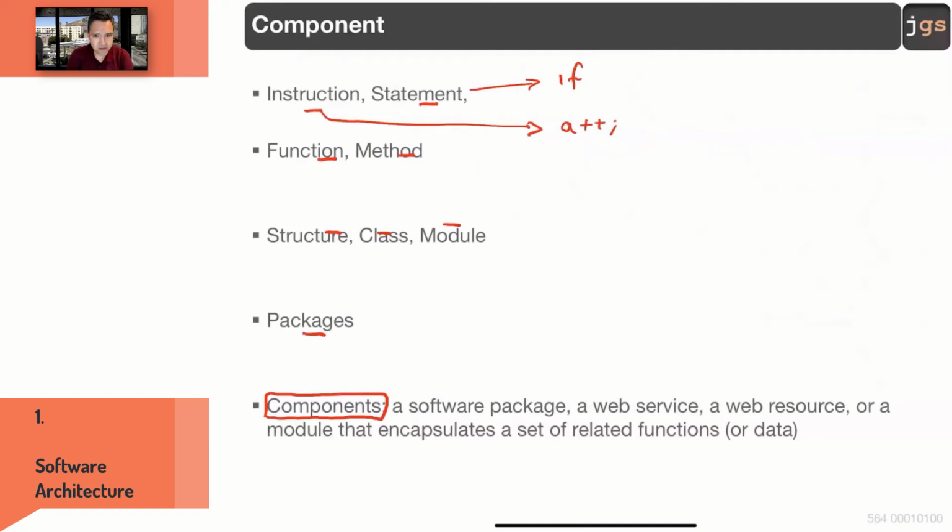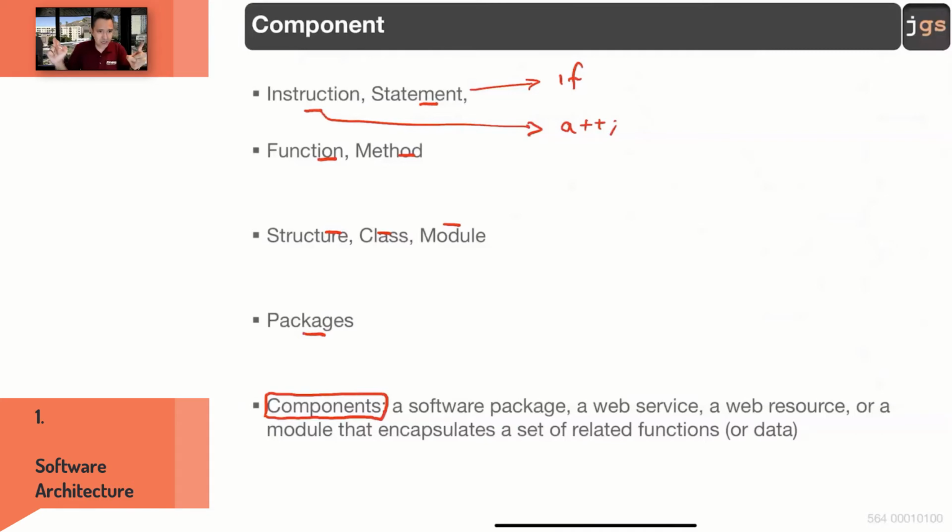What is the main difference between a statement and an instruction? The statement has instructions inside. Yes or no? The if statement. Okay, it's a condition, but that one has instructions inside. Statement, instruction. Those are the instructions that you mentioned to me, A++, the new, whatever.